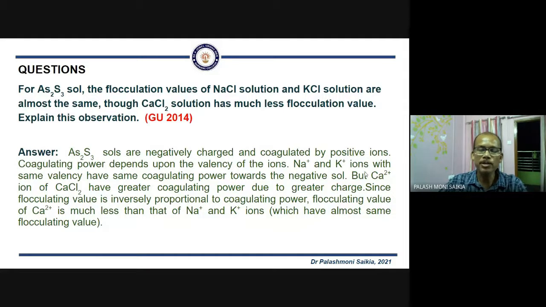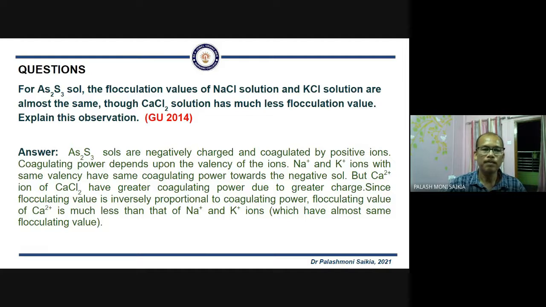According to Hardy-Schulze rule, calcium ion will coagulate arsenic sulfide more, and since sodium and potassium have similar valency, they have almost similar coagulating power. But coagulating power is inversely proportional to flocculating value, so since the coagulating power of calcium ion is very high, its flocculating value will be very low.